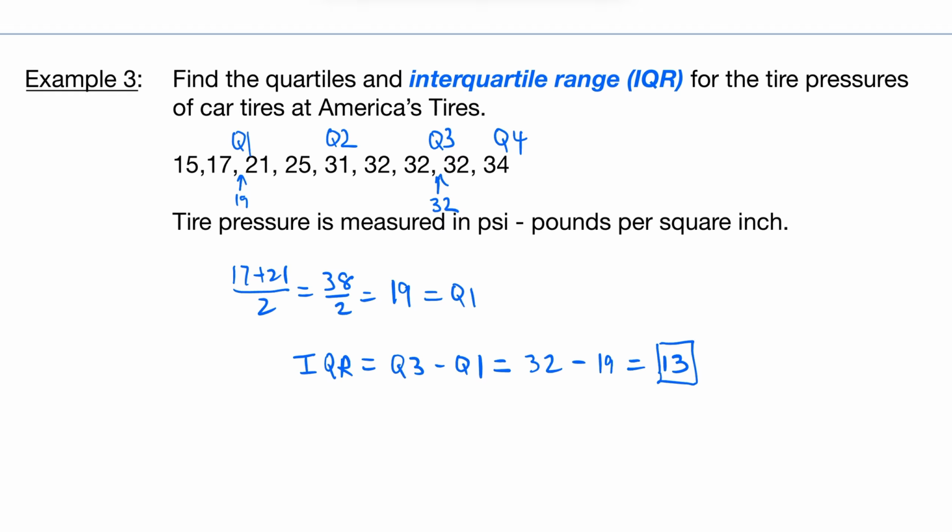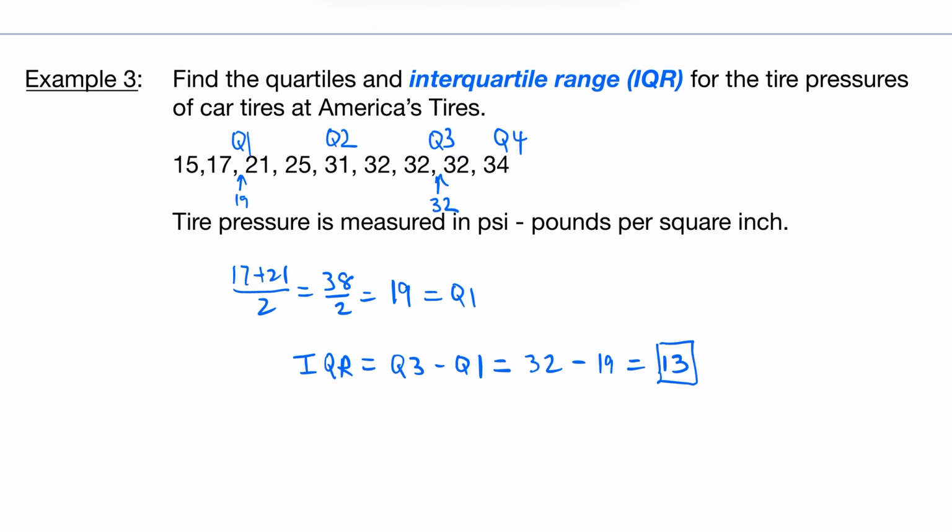And so we calculate the IQR to help us determine, is the middle 50% close together? Because the closer together they are, the tighter the number is and the more accurate the number will be when we talk about buying or selling a used car. In this case, we're talking about tire pressure, and we have an interquartile range of 13, which means that it's spread out pretty far.